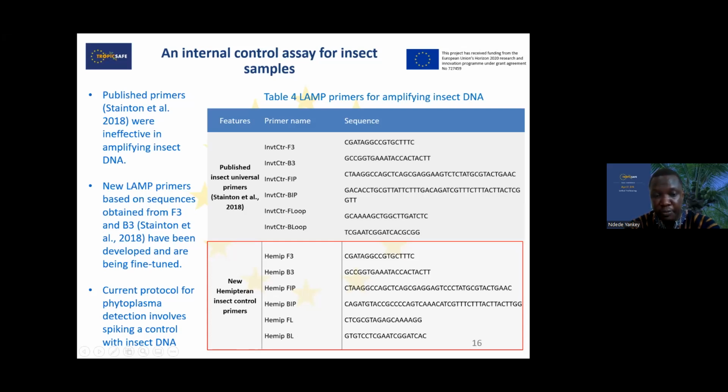And these assays are now being fine-tuned for use as an internal control for insect DNA. In the meantime, the protocol we use in the field is to spike a control. We spike a control with insect DNA, and this works out very fine, whilst we fine-tune the assay to be used as an internal control for insect DNA.